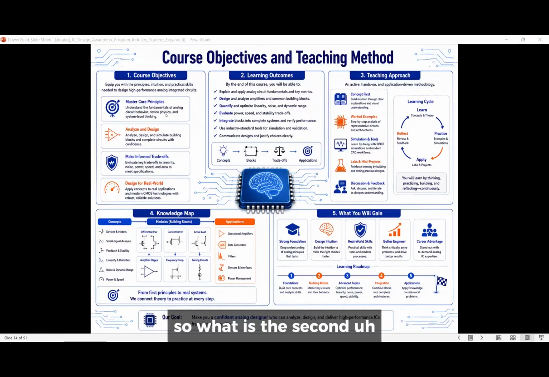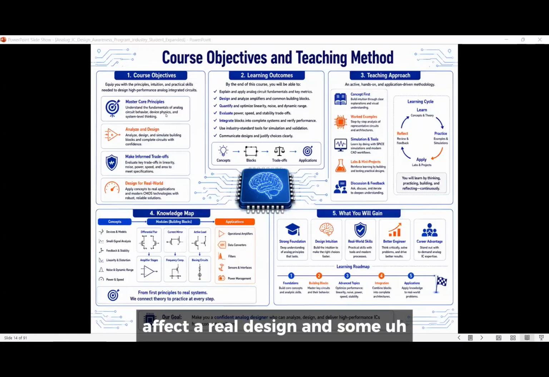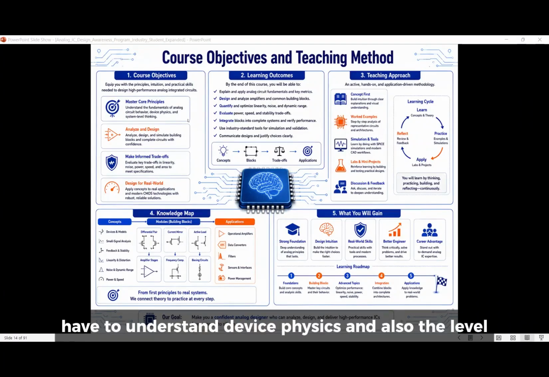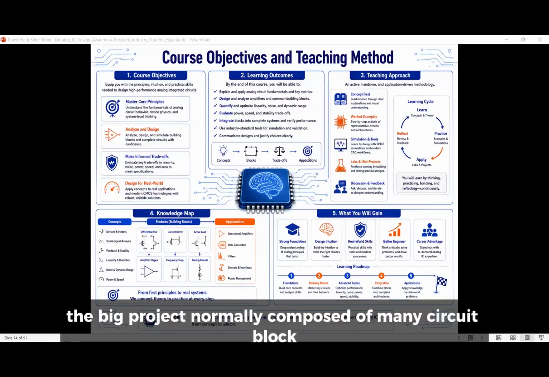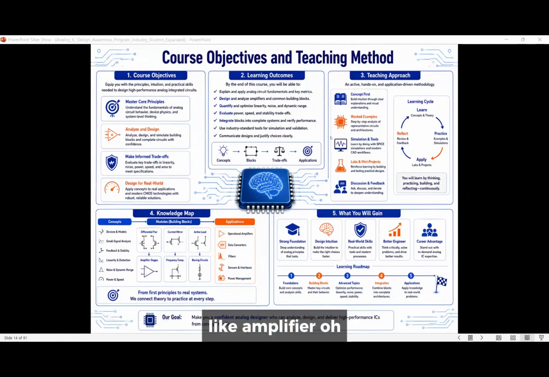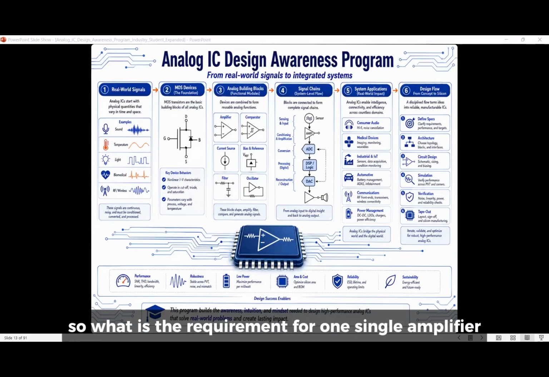What are the first- and second-order effects, and how can they affect a real design? And when can we ignore these effects? So we have to understand device physics and also system-level thinking. System-level thinking sometimes refers to when you have a big project. The big project is normally composed of many circuit blocks like amplifiers. So from this perspective, what is the requirement for one single amplifier?